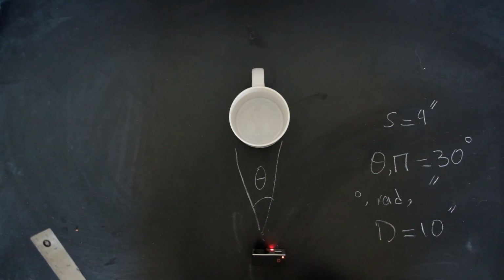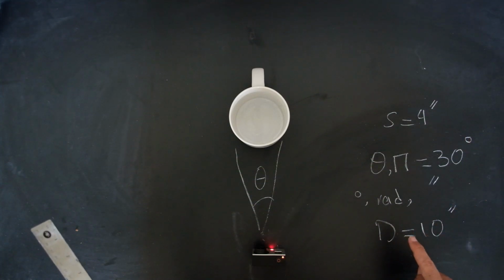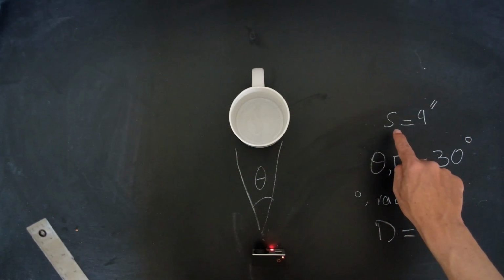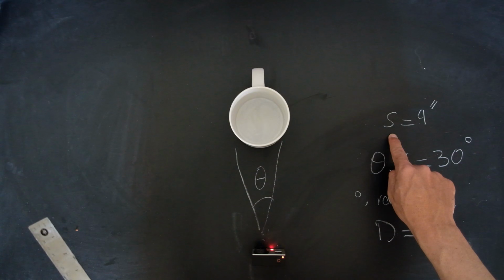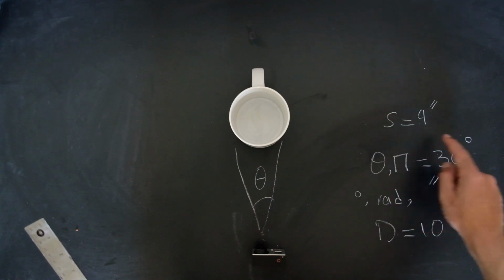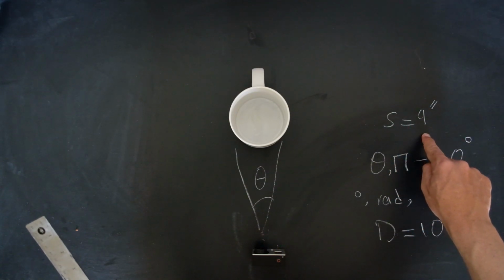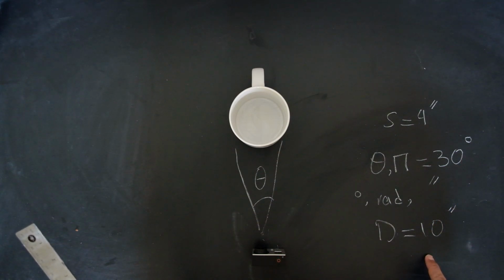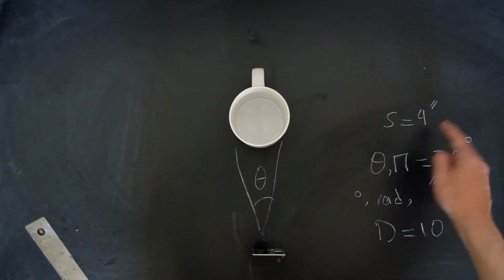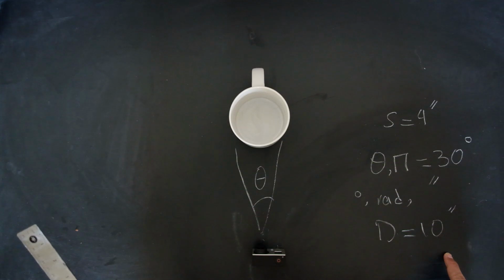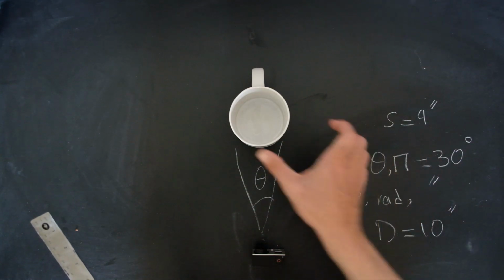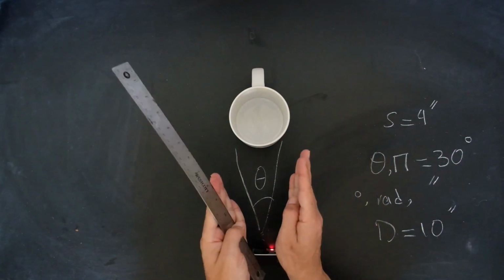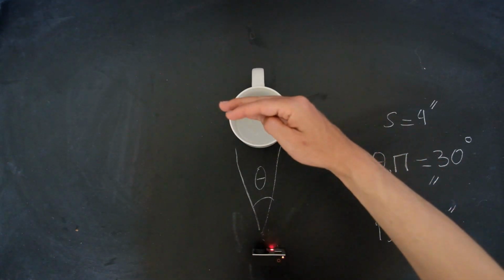For most of these cases, we don't care about the unit of distance and true size. We just keep them the same. If this is in inches, we use inches for distance. If this is in kilometers, we use kilometers for distance. So we have true size, we have angular size, and we have distance.